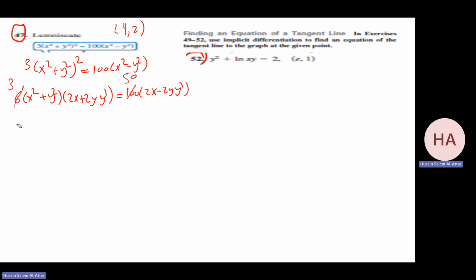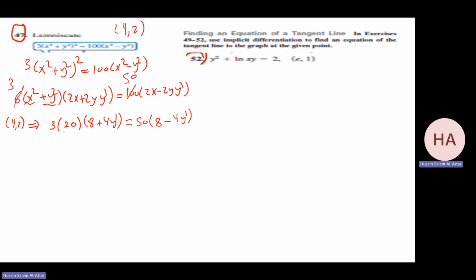Now I'll put the point, which is 4 and 2. I have 3. 4 squared is 16 plus 4, that is 20. 2x is 8 plus 4y prime, equals 50 times 8 minus 4y prime.